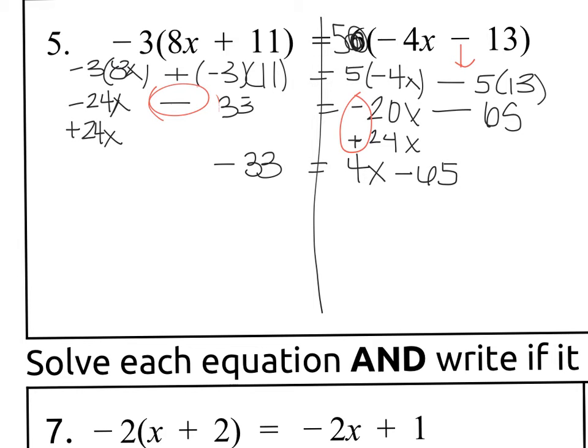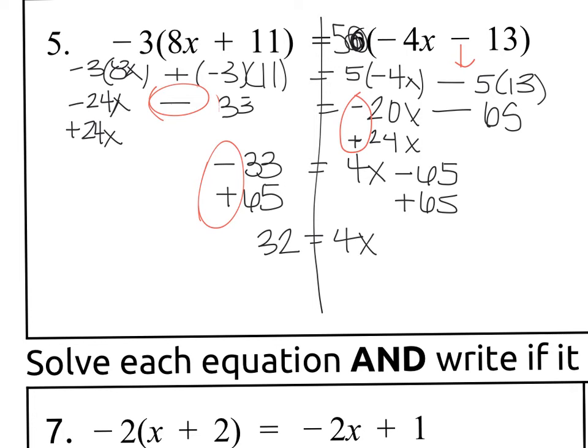I would like to get the variable by itself. So what I'm going to do is add 65 to both sides. You're doing the opposite. And again, in your calculator, be aware that exists. -33 plus 65 equals 32 equals 4x.